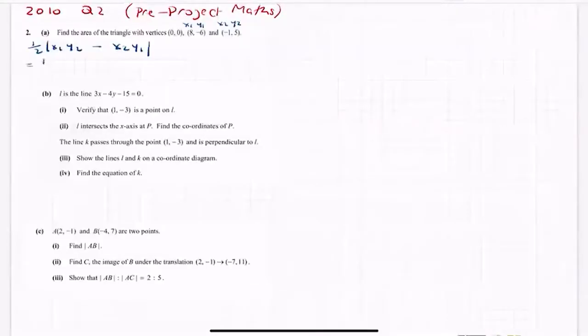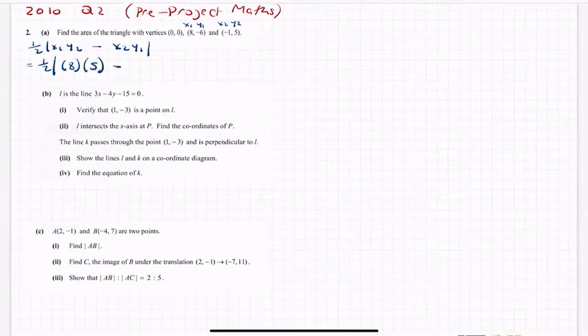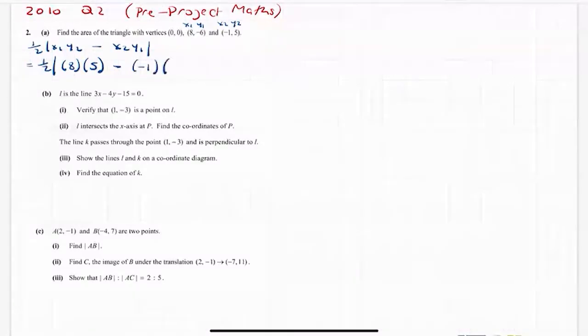So then sub them in. So you have half of x1, which is 8, y2 is 5. You can see I didn't take the 0, 0 point. You don't use that one, you use the other two. So x2 is minus 1, y1 is minus 6.